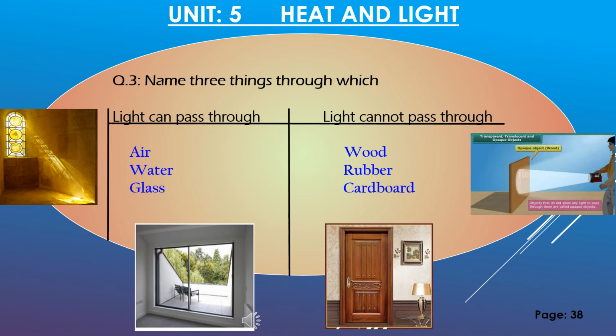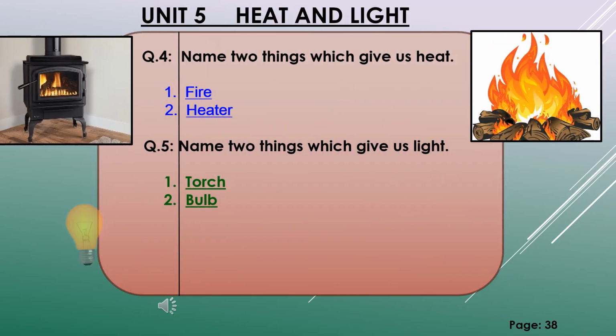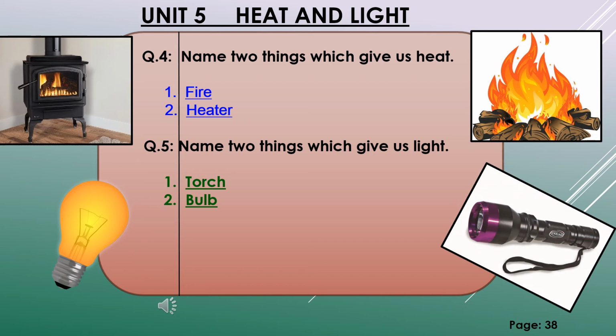Now, let's go towards question number 4. Dear students, on the same page, page number 38, question number 4 is you have to write any two things which give us heat. From where we can get the heat.